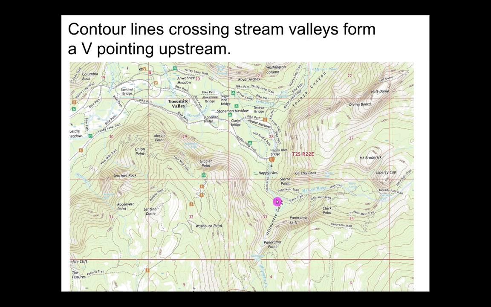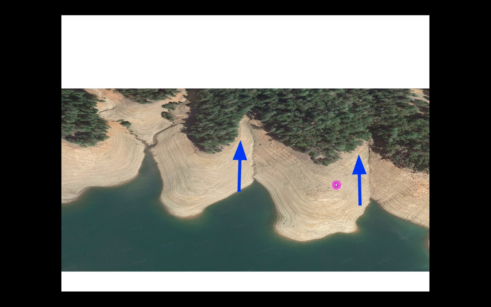Contour lines going upstream, so we're going up, up, up. The contour lines make a V or an A pointing upstream. Alligators always swim upstream. Oh yeah, this is Lake Shasta. And I thought a great example of that is lakes as they're draining. As the lake's draining, these are like contour lines.